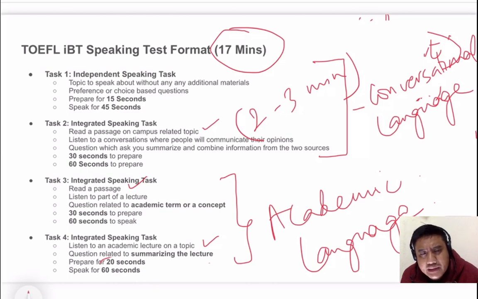Then on a beep, you have to start speaking. So this is how the test happens. Towards the end of the video, I will try to show you how it actually happens.